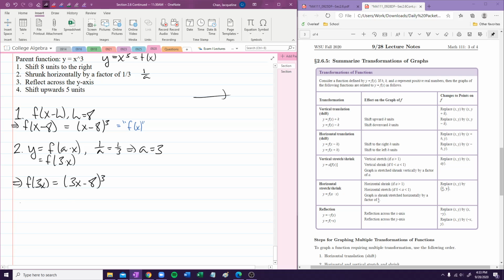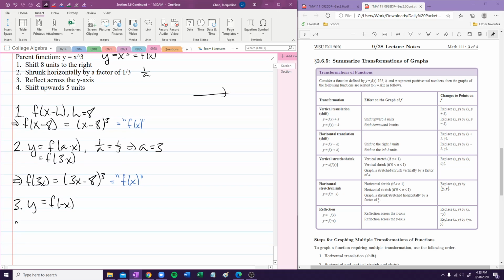Okay, I want to reflect across the y-axis. What do you do when you reflect across the y-axis? It is y is equal to f of negative x. Again, this represents my new f of x. So when I have f of negative x, wherever I see that x, I'm going to plug in a negative x.